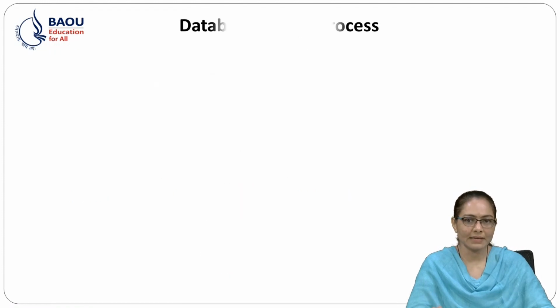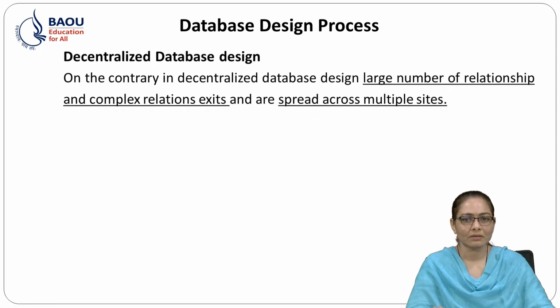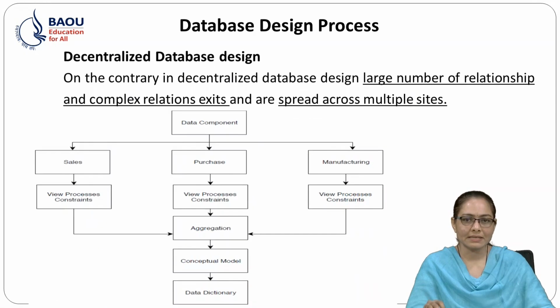In decentralized database design, on the contrary, a large number of relationships and complex relations exist and are spread across multiple sites. As shown in the figure, each component has its own data, and the data verification and constraint checking is done by each component.